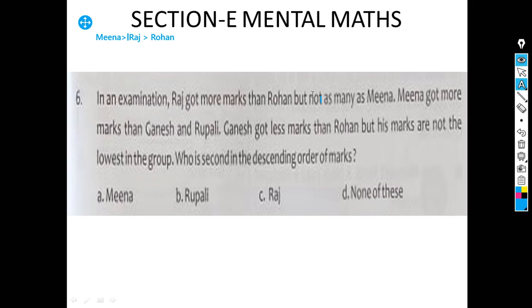Why? Because it is mentioned here, Raj got more marks than Rohan, but not as many as Meena. This means Meena has more marks than Raj. So this is the reason we have written Meena here, with greater marks than Raj. Now let us have a look at the remaining statement.